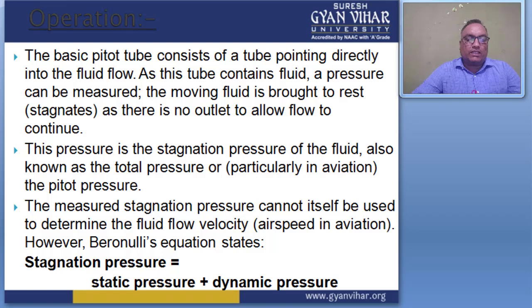So this is the operating principle of the pitot static tube. It measures the velocity of the aircraft, and with the help of the pitot static tube we also measure the velocity of a submarine, right?